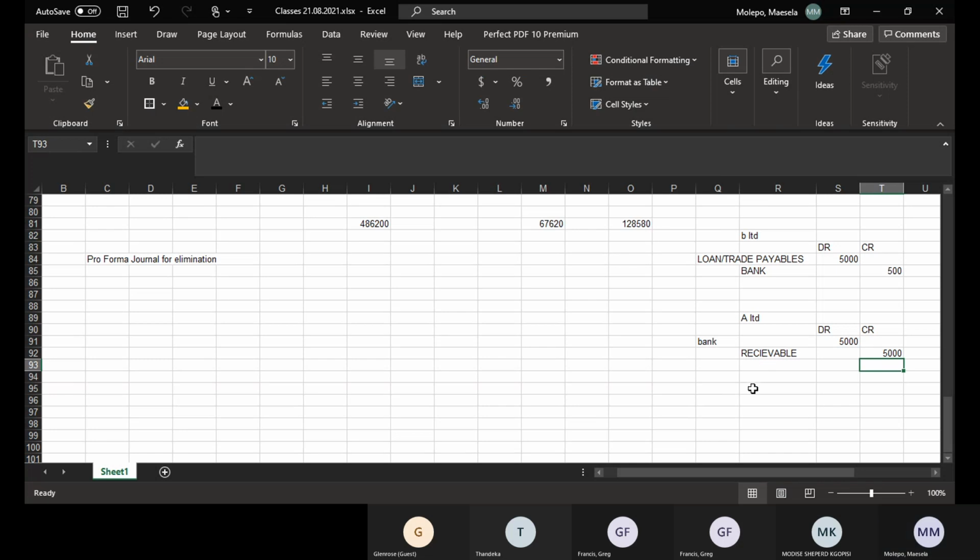Then the contra account of this will be the unsecured loan versus the cash.